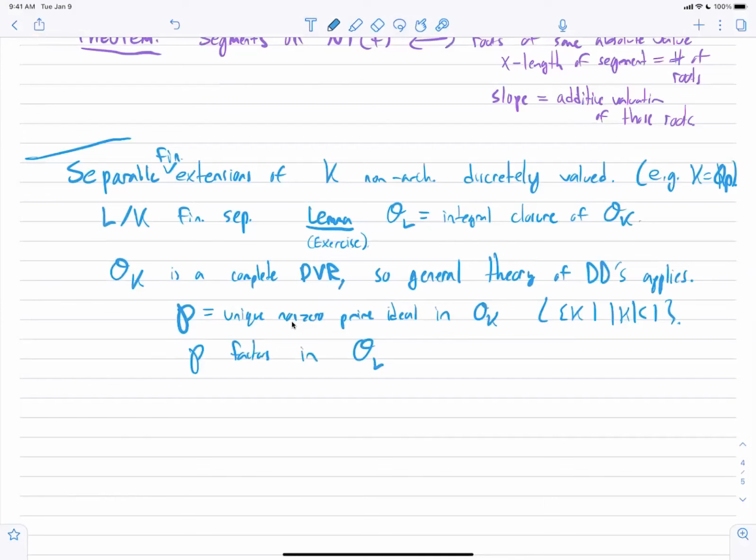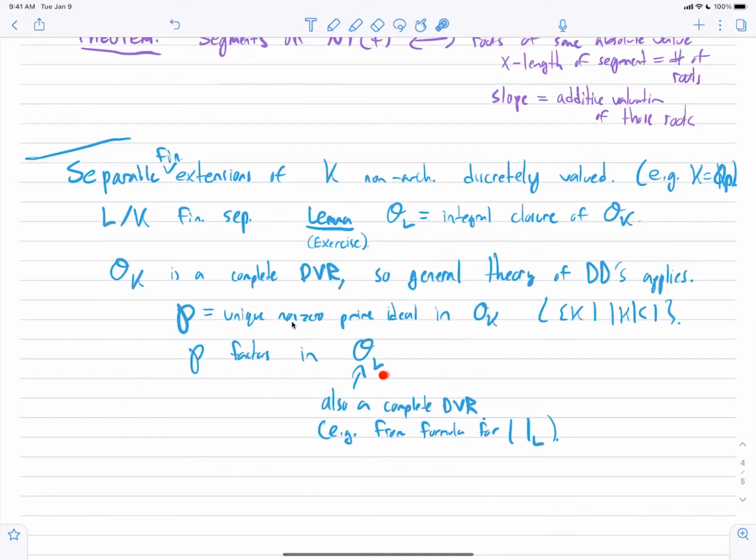But O_L is also a complete DVR. You can see this, for example, from the formula for the absolute value. You took the norm, then took the absolute value in K, and then took that to the 1 over the degree. So if the absolute value only took discrete values, this is also just going to take the roots of those discrete values, so it's still discrete.